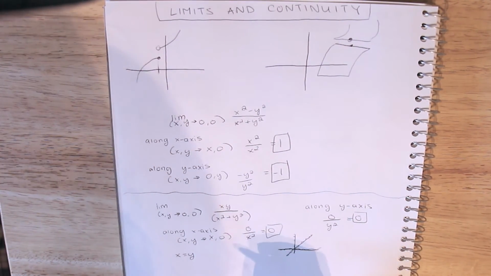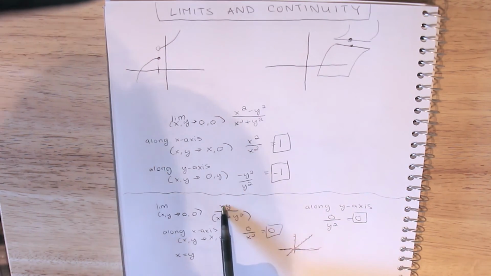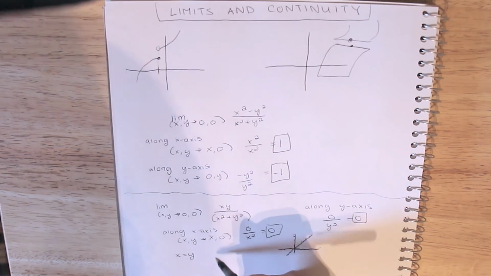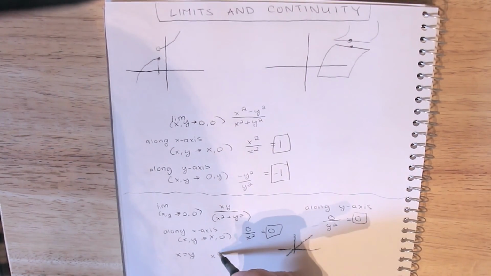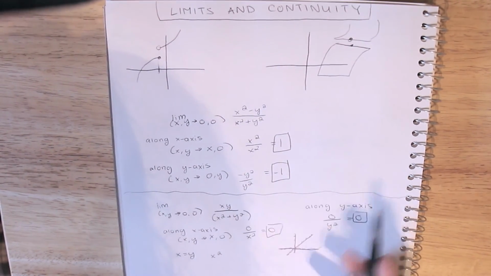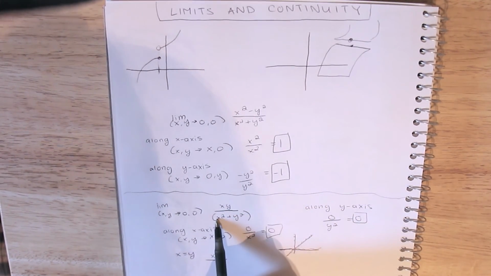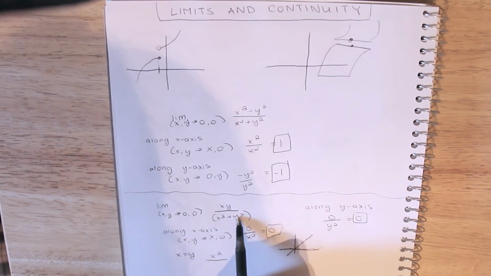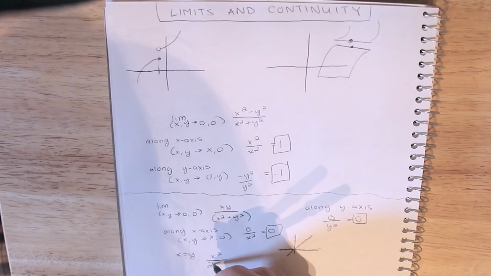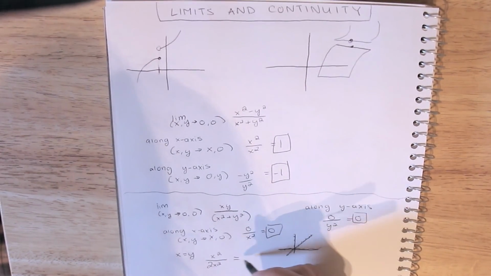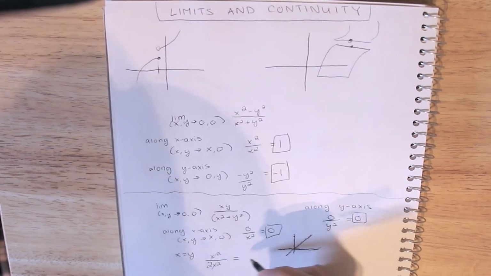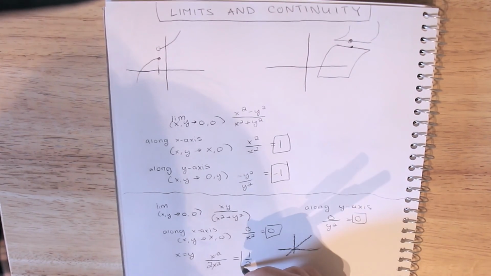So x equals y. Let's just turn all of the y's into x's this time. So it's going to be x times x is x squared, over x squared plus, substitute an x in here, x squared, 2x squared. So the x squareds cancel out, and this will equal 1 over 2.